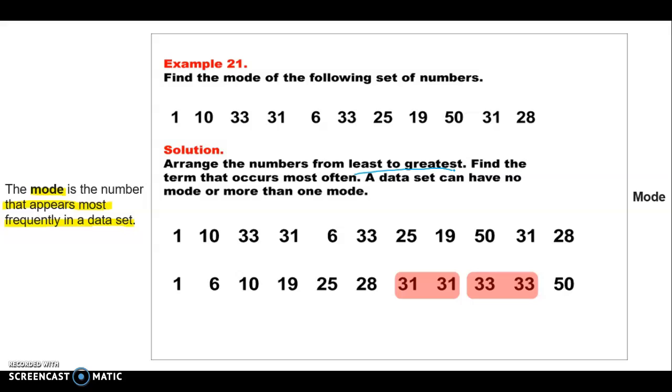And then we have to find the term that occurs most often. It can have no mode, or one mode, or more than one mode. So here the most frequent numbers are 31 and 33. So we have here 2 modes.